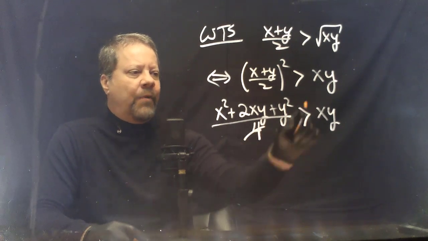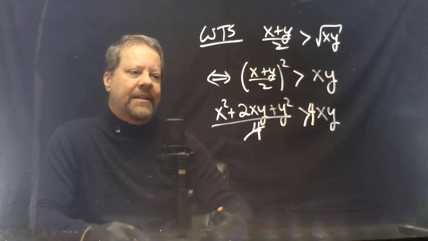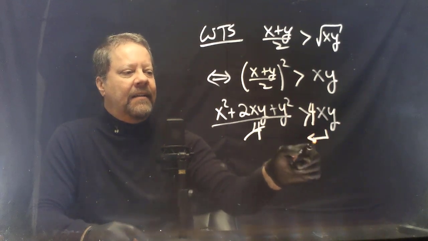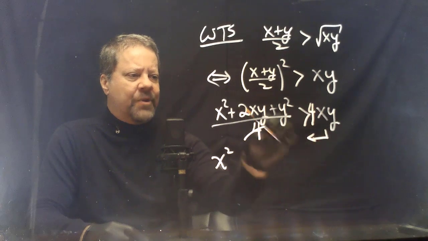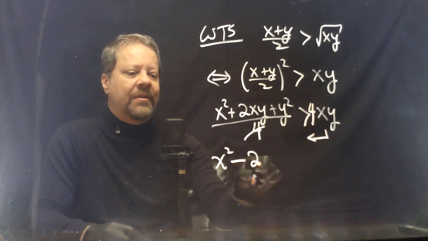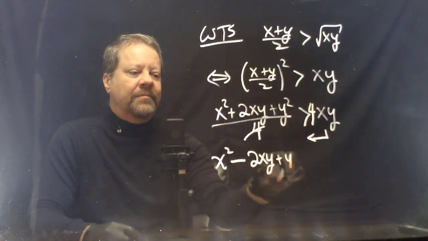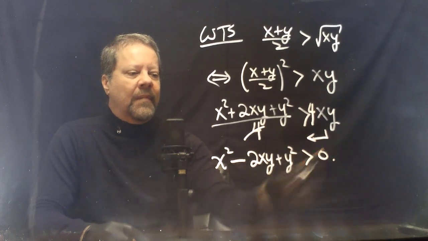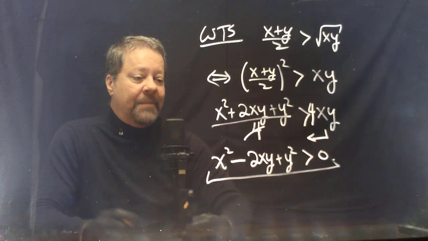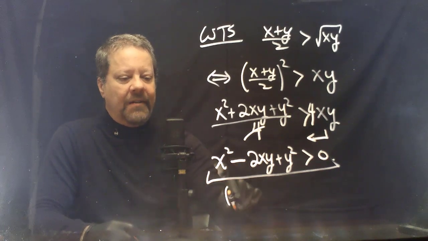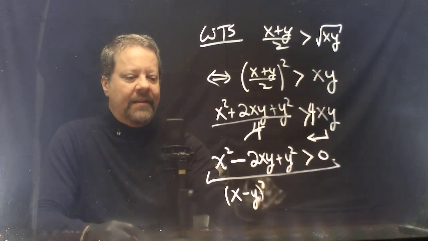We'll multiply 4 on both sides here, and let's move this over. If I have 2xy and I subtract 4xy, I get minus 2xy. So if I can prove this, then I'll be done. But this is a perfect square. It's x minus y squared.